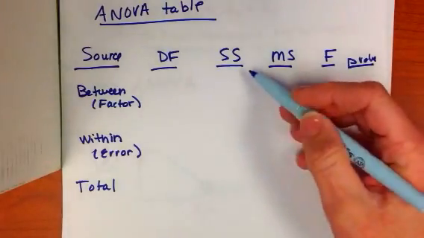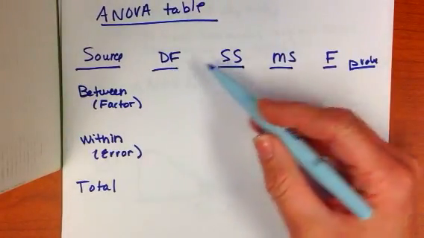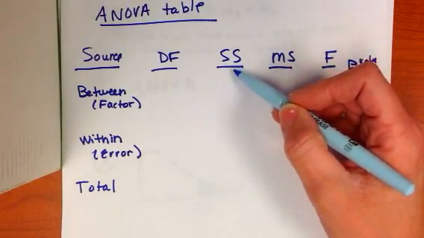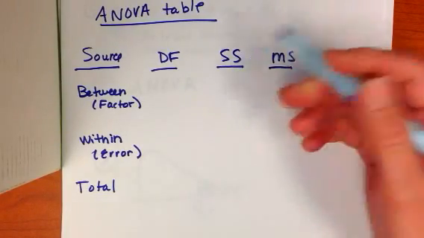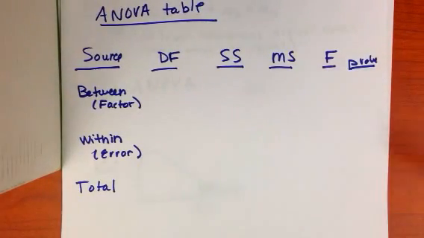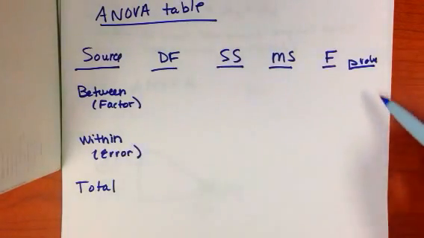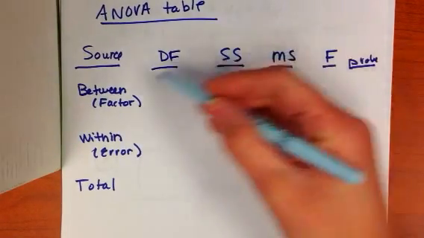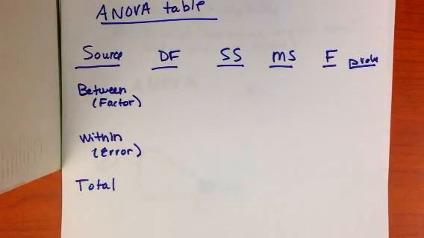This is called degrees of freedom, this is sum of squares, and this is mean squared. So sum of squares are just calculating a lot of sums. So what the calculator will do for us will give these values that we would fill into this table. If we were using a computer program such as SPSS, Minitab, Excel, it would give you the whole table and you would just look at these 2 values. So if you look in your textbook or even online, you will find some ANOVA tables that computer programs do spit out.